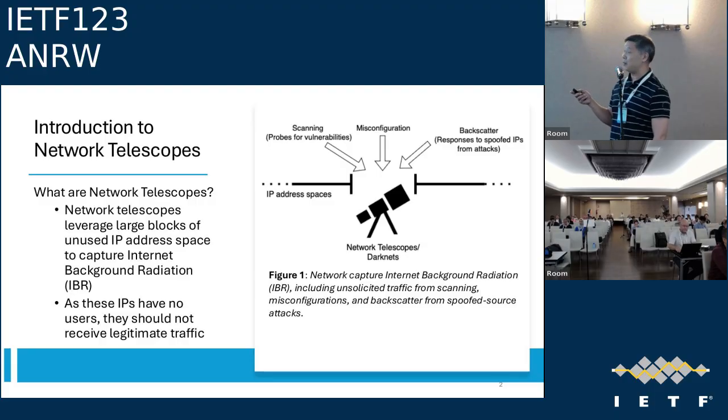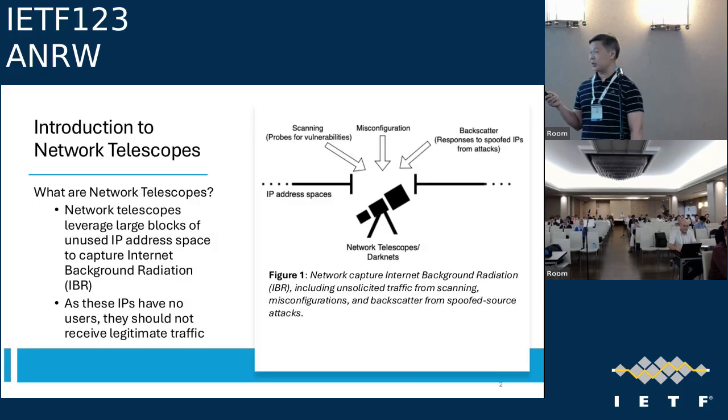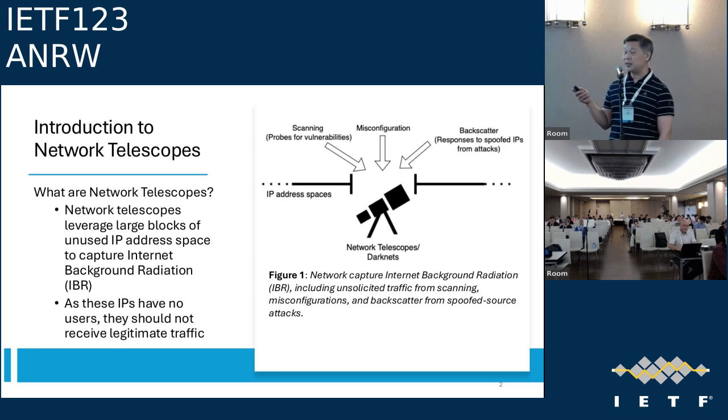That includes backscatter, spoofed DDoS attack traffic, or some scanning campaigns, or misconfigured or expired traffic. So traditionally, researchers observe IBR by using the legacy telescope, often called darknets.